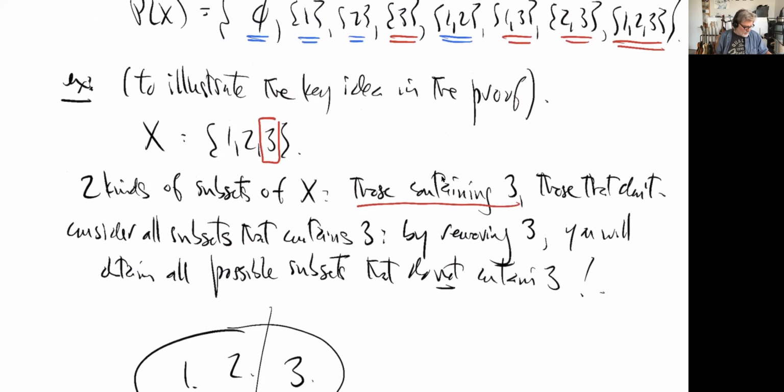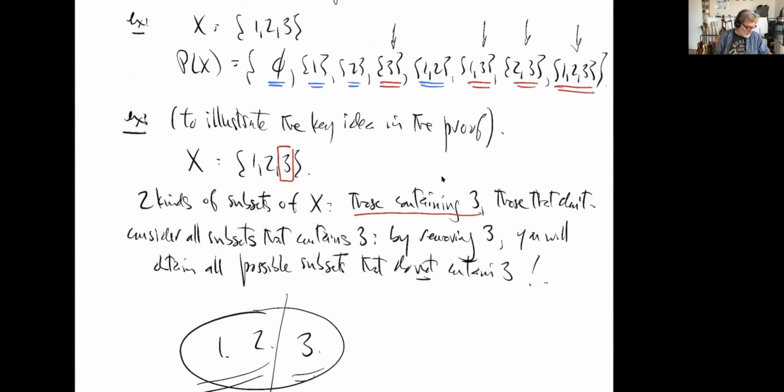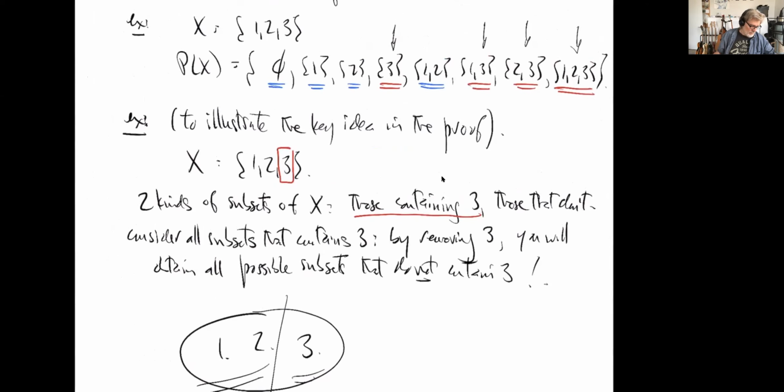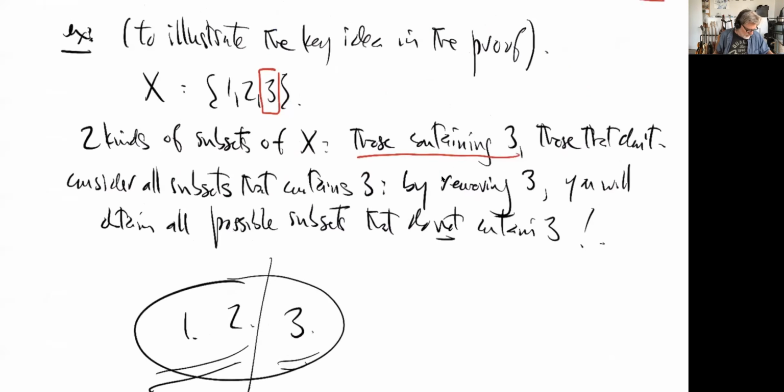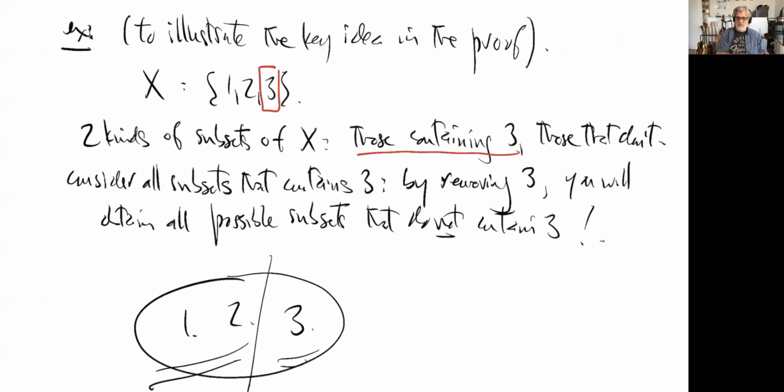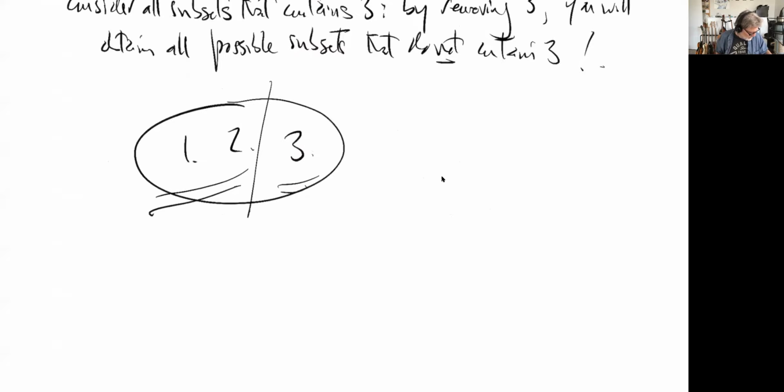So that's exactly what you see over here: {3}, {1, 3}, {2, 3}, {1, 2, 3}. You just took the empty set, {1}, {2}, and {1, 2}, and you added 3 to all of them. That's how you get all the subsets containing 3. And that is basically a general principle we're going to use in our proof. Hopefully you see what I just did here.